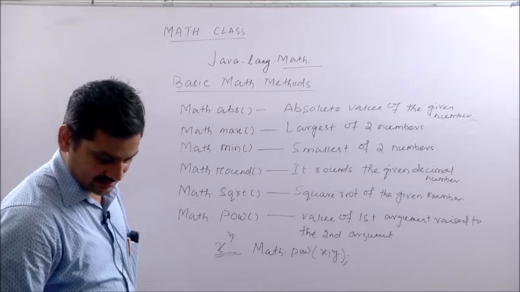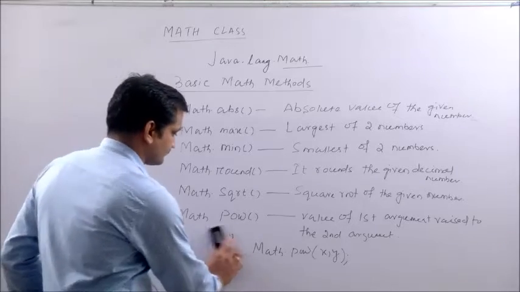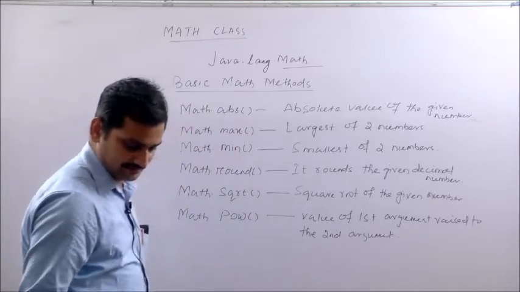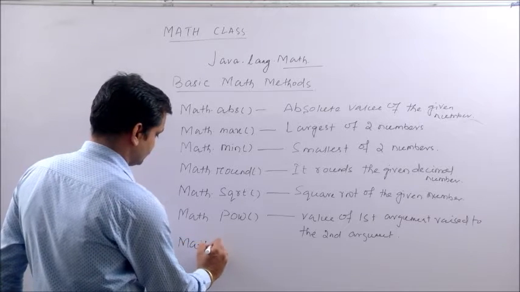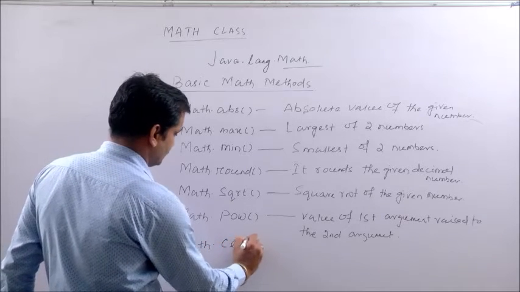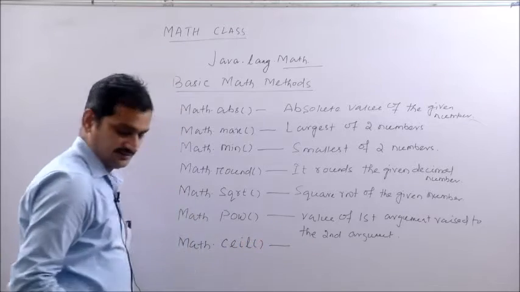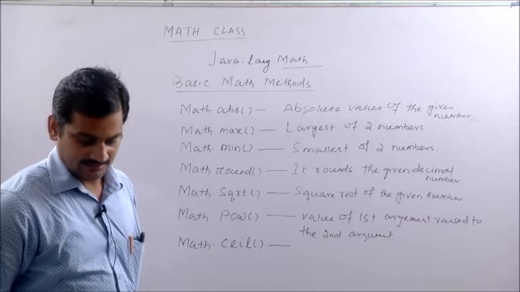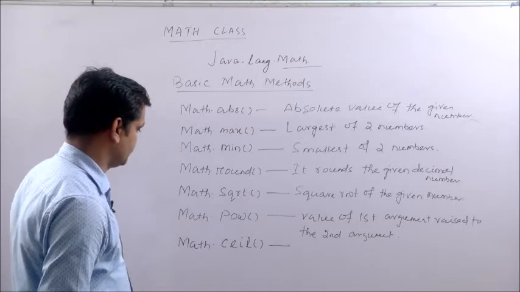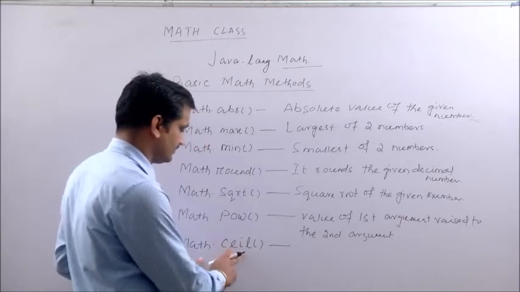Then next is ceil. It gives the ceiling value of the decimal number. Math.ceil gives the smallest integer value that is greater than or equal to the argument, the ceiling value of the given number.